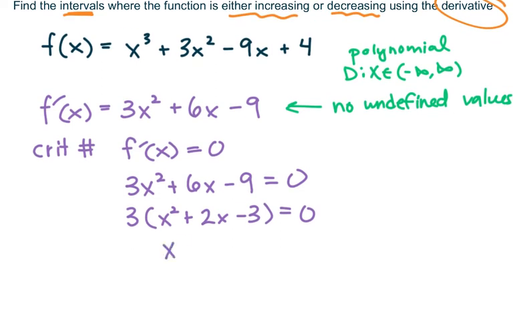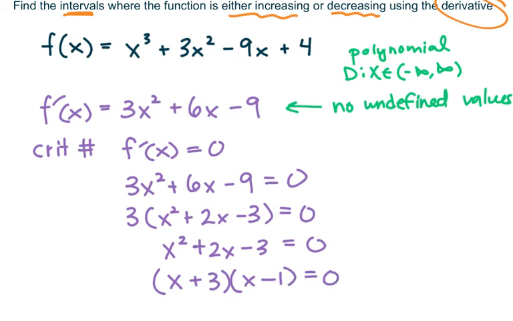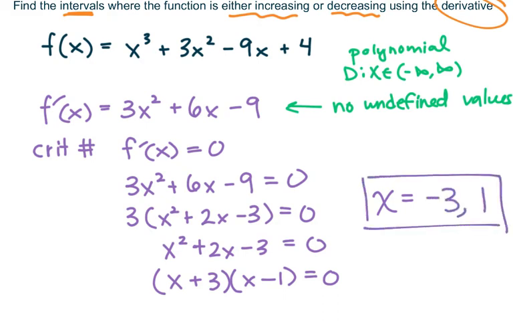Divide by 3 on both sides: x squared plus 2x minus 3 equals 0, since 0 divided by 3 is still 0. This factors. I have x plus 3 and x minus 1 equal to 0. And by the zero product principle, I find that my critical numbers are x equals negative 3 and x equals 1. So the only critical numbers I have here are at x equals negative 3 and x equals 1.